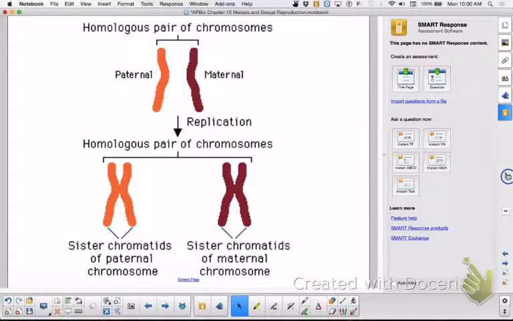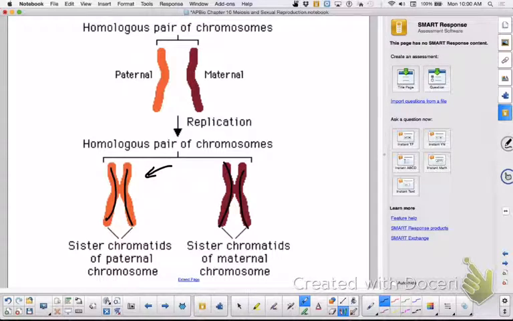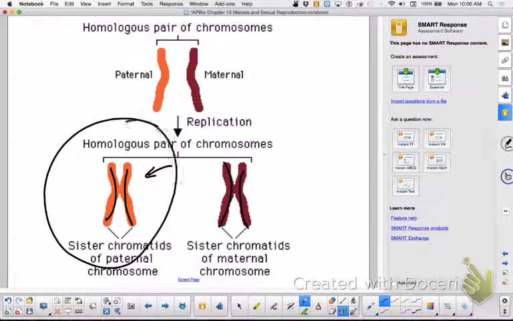In the S stage of interphase, each of them is going to replicate. So you will have 2 from your mother of that particular chromosome and 2 from your father. When you get ready to do metaphase 1, they will line up together, and this will go in one cell and this will go in another cell.